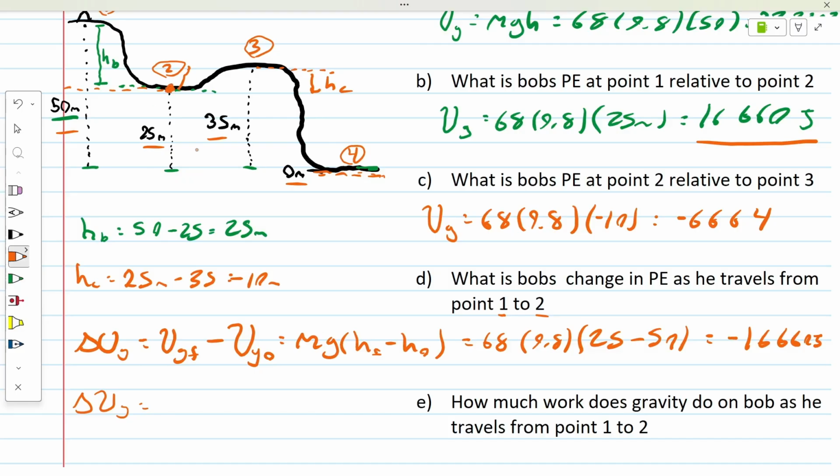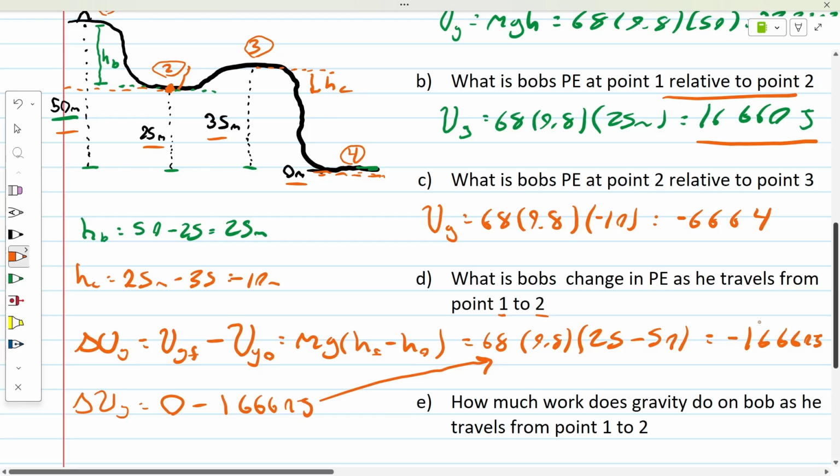So if the reference is at one of the points, we can automatically set that to 0. And we minus the initial, which is the initial from the reference point. Since we already did 1 relative to 2, we're just going to subtract that 16660 joules. And notice we get the same answer as when we chose the ground as the reference. So changing the reference point will only change each individual potential energy, but the change in energy is going to be the same.